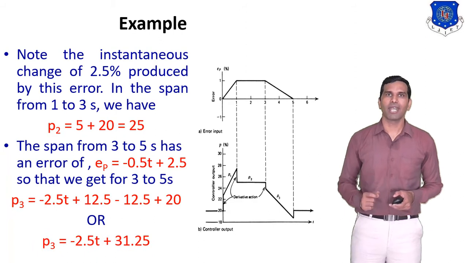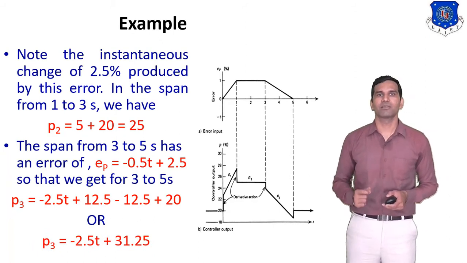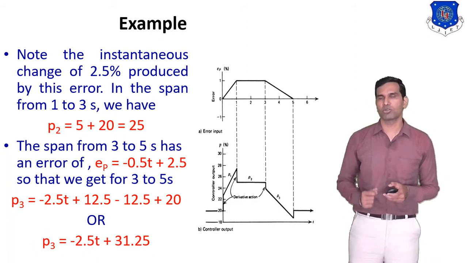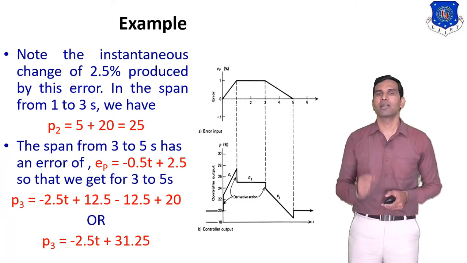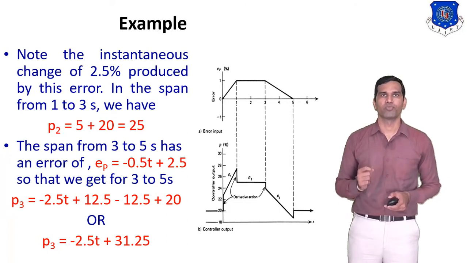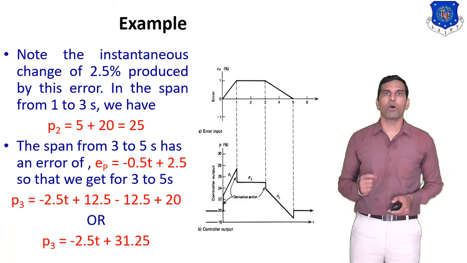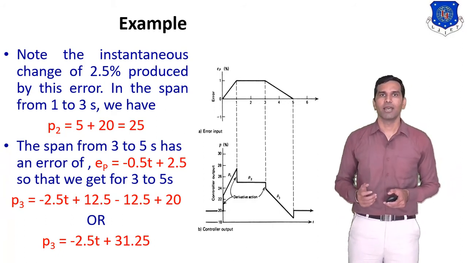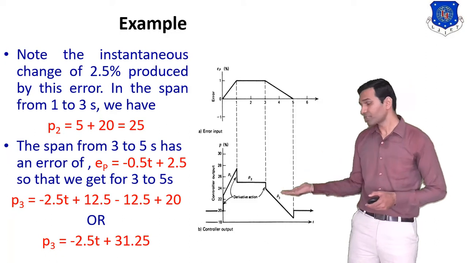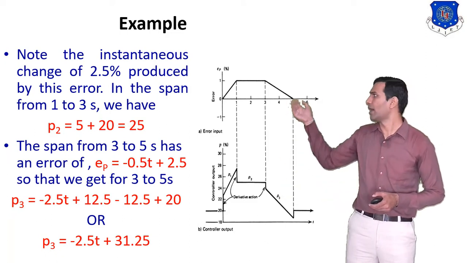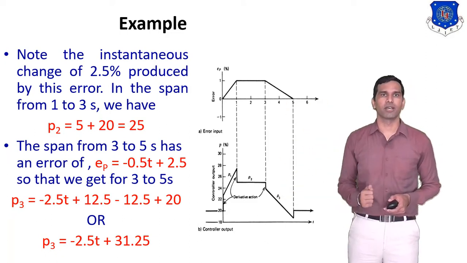We can also write this as P3 equals minus 2.5t plus 31.25. This is the response of this PD controller, according to the error we can see in the figure.